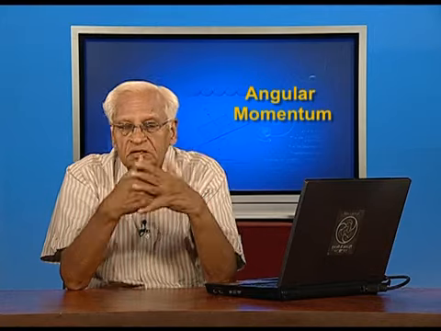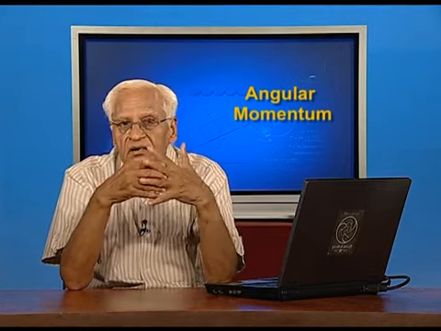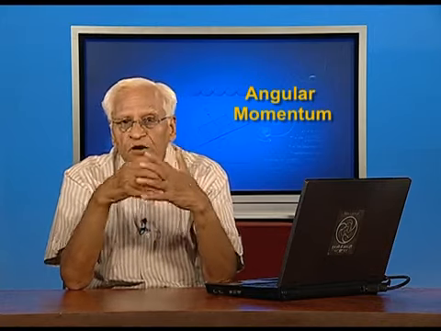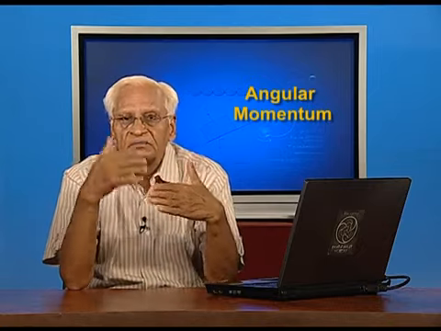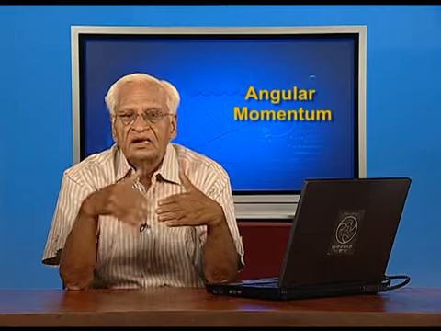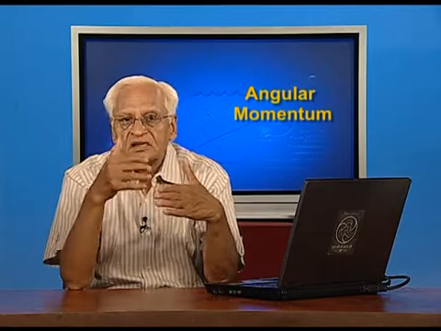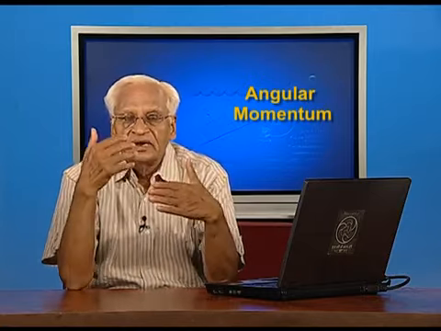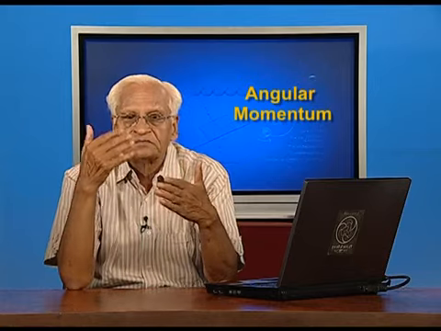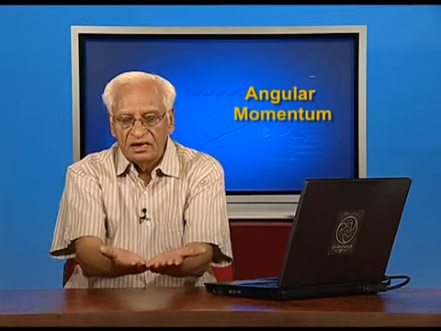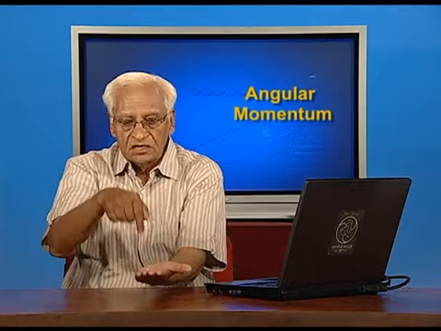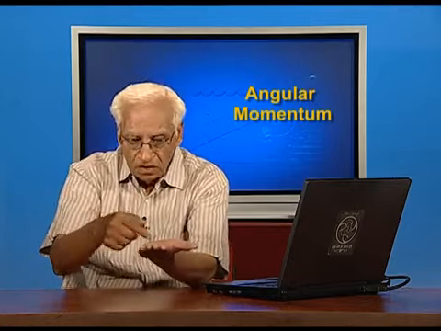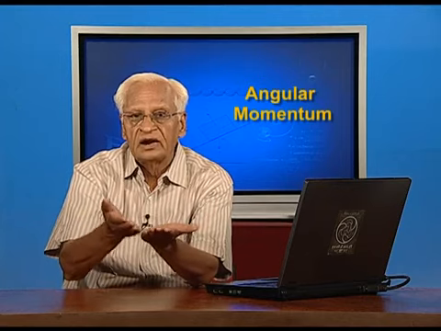So, in this talk we have talked of angular momentum and its conservation. Remember, angular momentum is a vector quantity. It is a product of two vectors r and p, and its direction is always perpendicular to the plane containing r and p. Whether it is pointing upwards or downwards depends upon the directions of r and p.